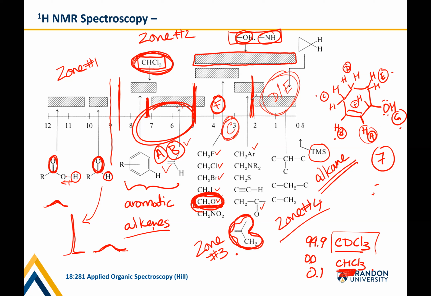Now, you'll notice that in zone 3, where you've got the fluorine, the chlorine, the bromine, the iodine, and the oxygens, and the nitro groups, and all these sort of things, there's a wide variety of parts per million where this can take place. So in the appendices of the correlation tables, it actually goes into detail on if you've got a CH, which is attached to a carbon with a bromine, or a CH2 or a CH3, and it gives you a more defined area of where you should find those protons.